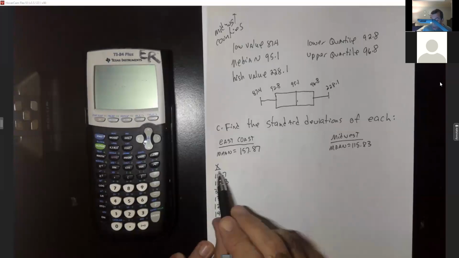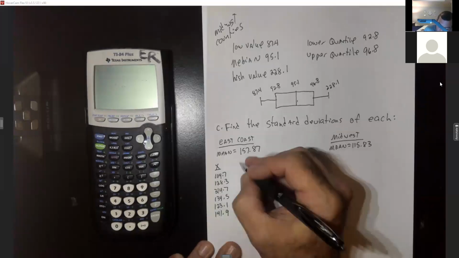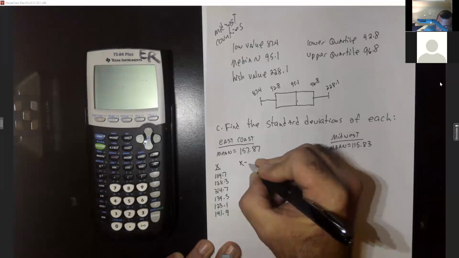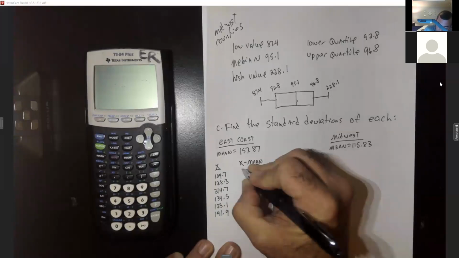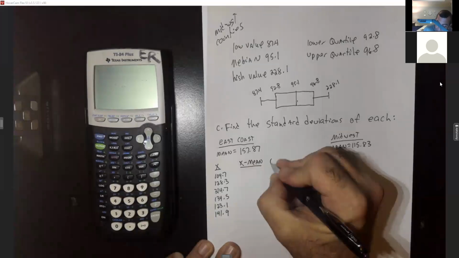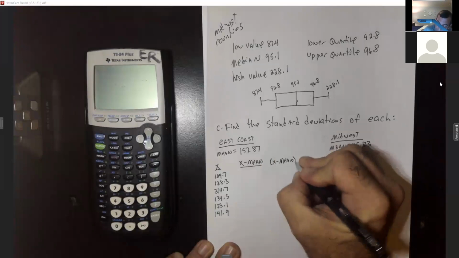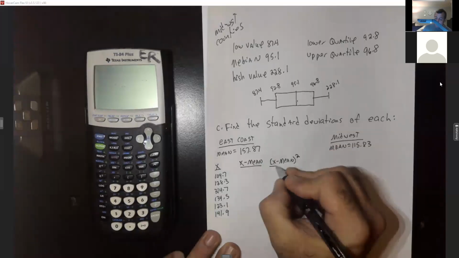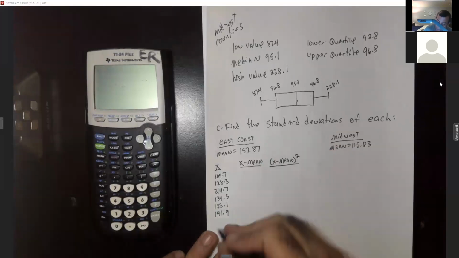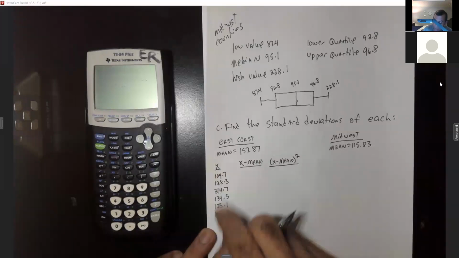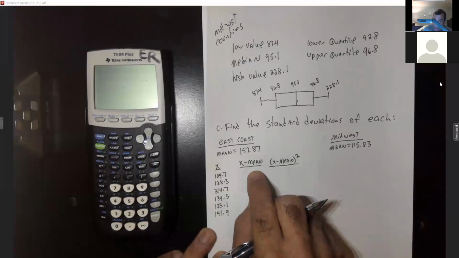So these are all the numbers. Then we're going to take each of these x's minus the mean we found. Then we'll take all those answers and square them. So first we take all these x's minus 157.87 and make this row.